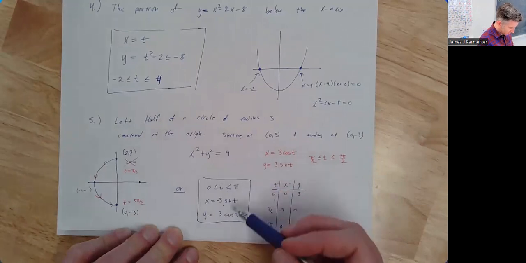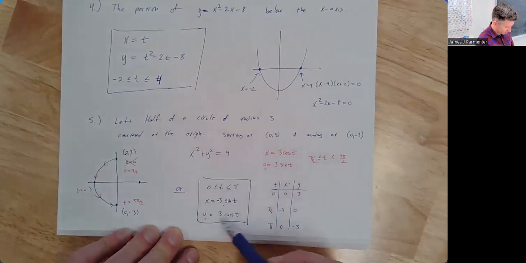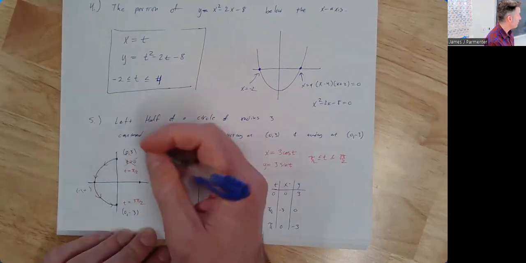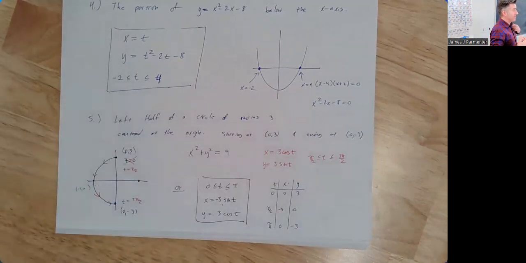Whereas if I do x equal to negative 3 sine t, y equal to 3 cosine t, and I start at time equals 0, that's going to start me up here. They still describe the same circle, they just start at a different point and end at a different point based on the same t value.